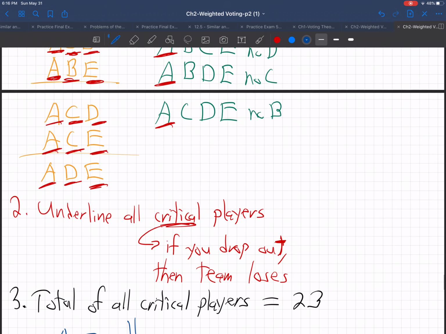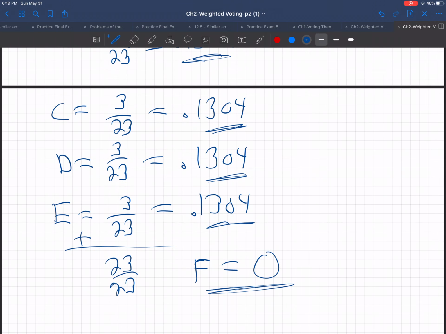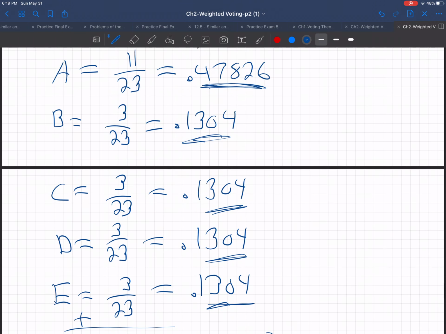These other ones are the same. Oh, I forgot to put in F. Remember, what power does F have? 0, right? F's a dummy. F has no power, so F is 0. So basically, A has 47% of the power, 48%, just under half. And everybody else has right about 13%. Of course, F has no power. 0%, he's a dummy.